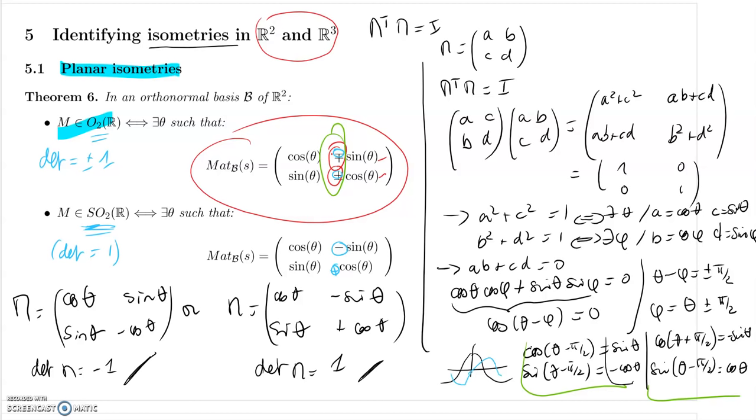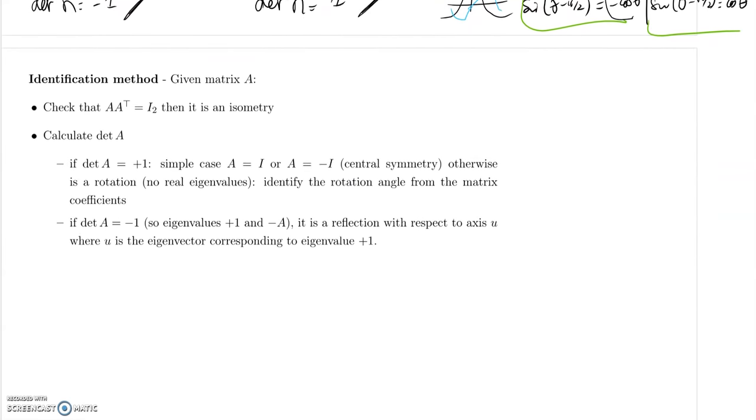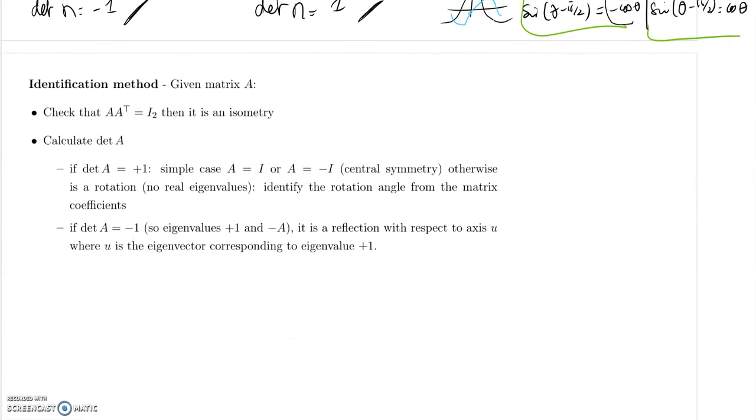Okay, so let's see a general identification method, what it corresponds to. First of all, given a matrix that you suspect is a linear isometry, you multiply A by A transpose, or A transpose times A, and you get that it's equal to the identity. Then you know it is an orthogonal matrix, and so it represents an isometry.